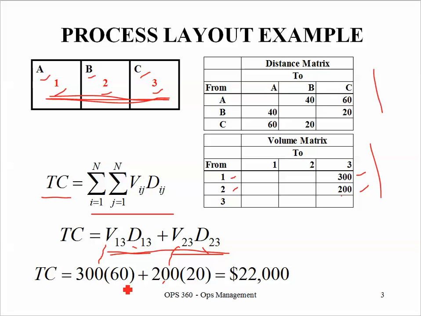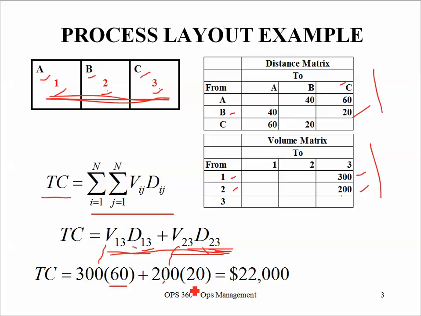Since 1 is in A and 3 is in C, the distance from A to C is 60 feet. That's the distance between 1 and 3. And to find the distance between 2 and 3, since 2 is in B and 3 is in C, the distance between B and C is 20 feet.